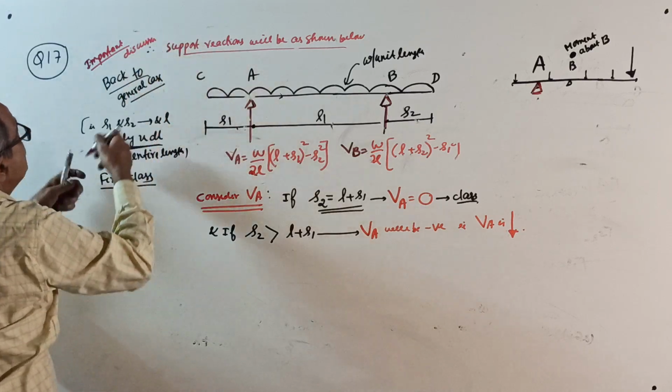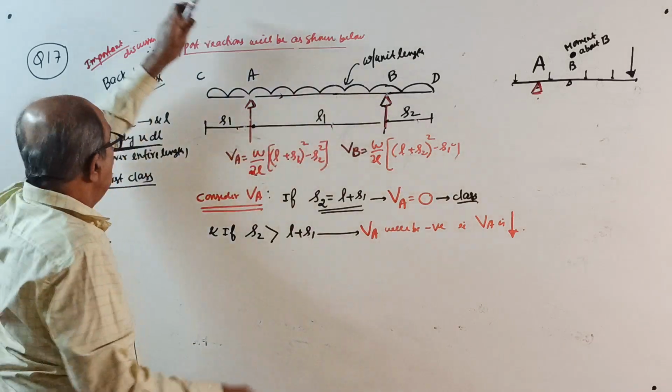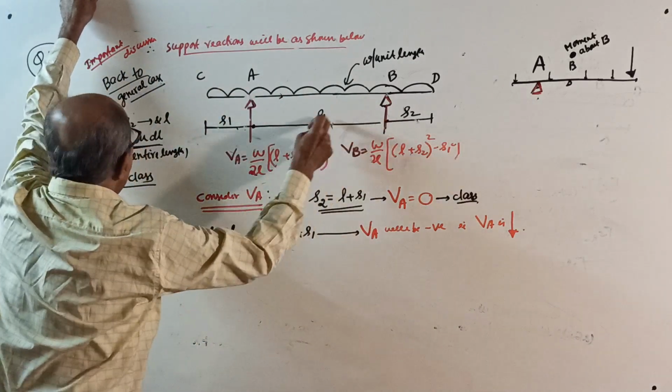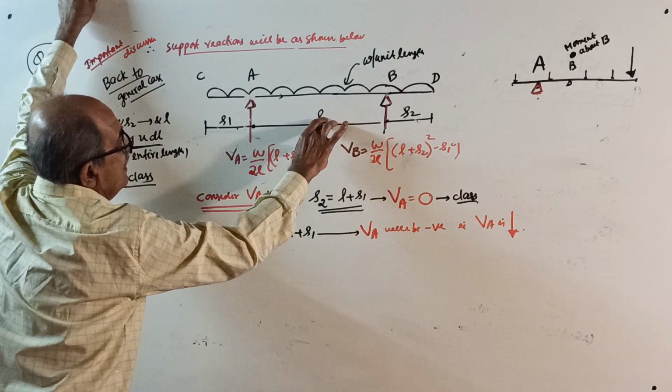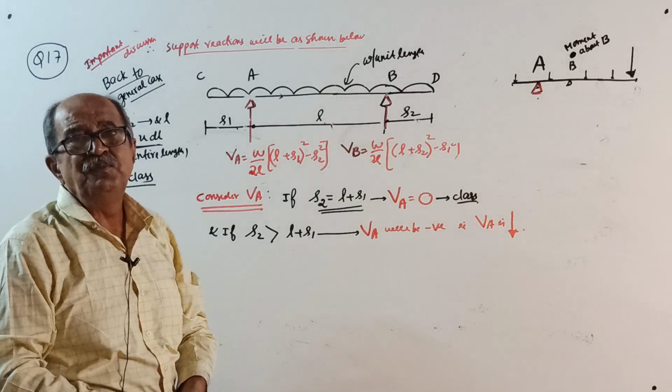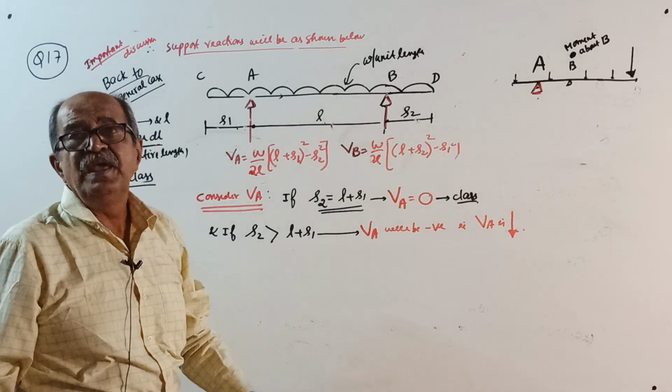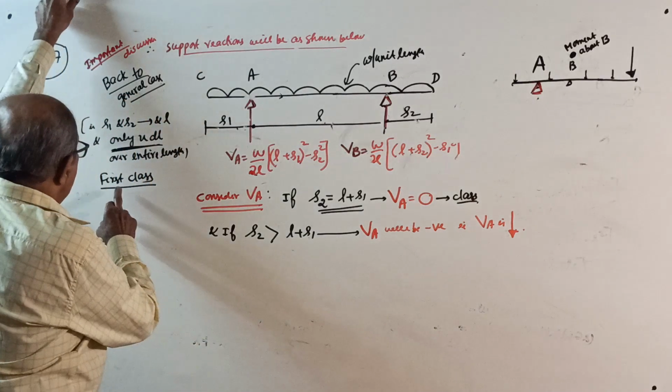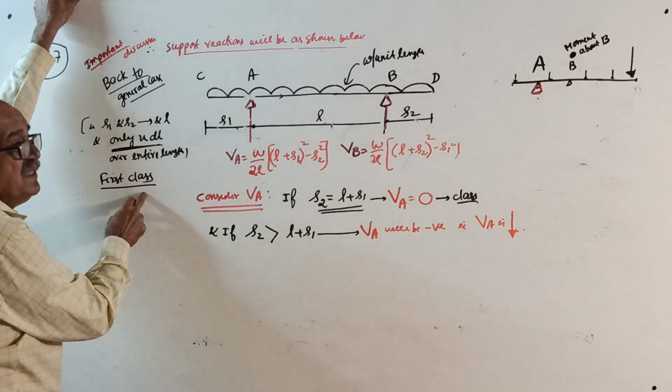Discussion. So once again, back to the general case of S1, S2 and L here, and remember only UDL. Our discussion is from the point of view of only UDL. If it is other loading, I will tell you. Okay, start. First class, I will tell something for you.